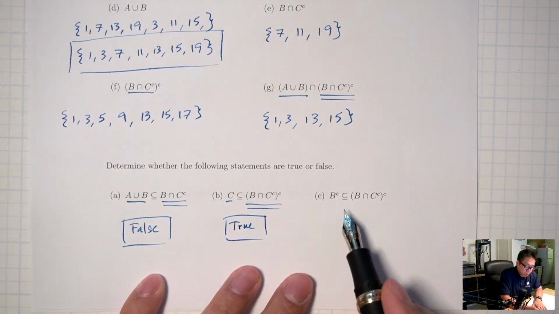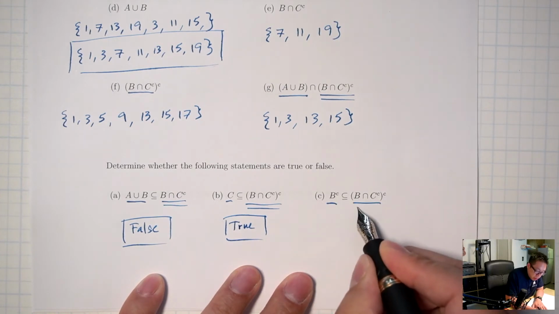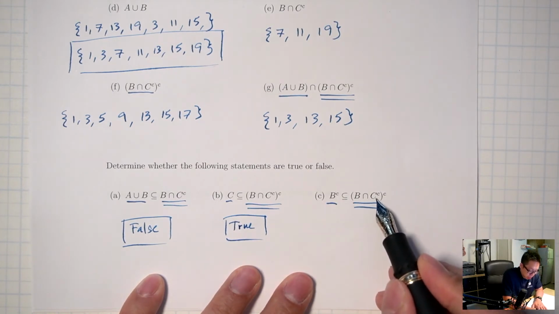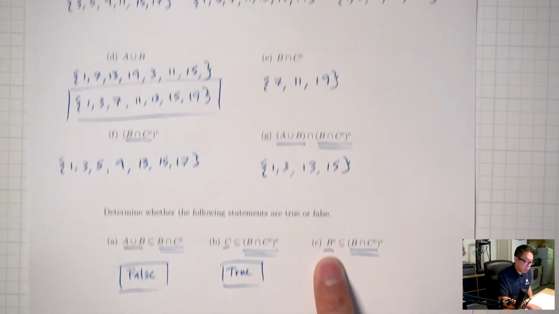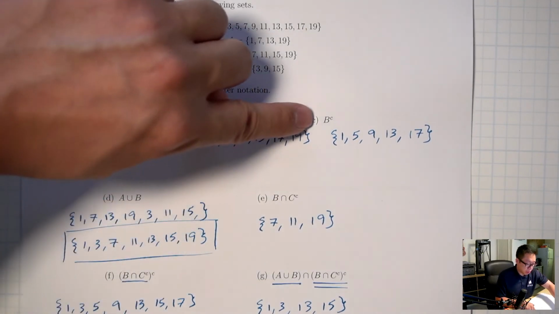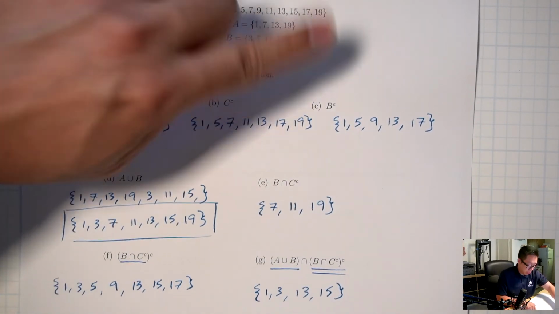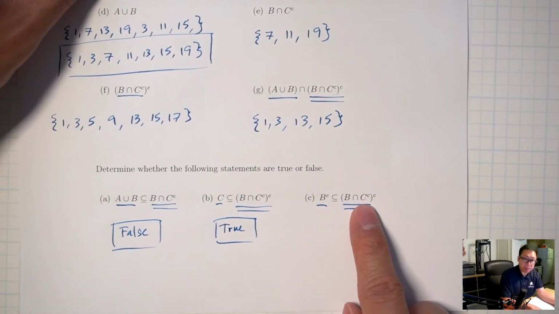Next up, there's a subset symbol. So on the left, we have B complement. On the right, we have B intersects C complement, complement. Okay. Left, B complement. So where's B complement? B complement is part C, right there. And then on the right side, we have B intersects C complement, complement.